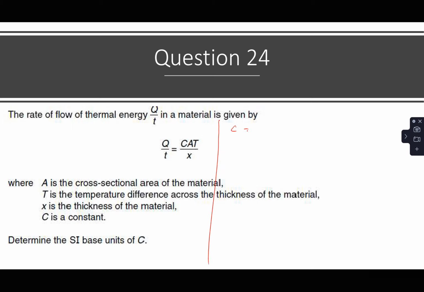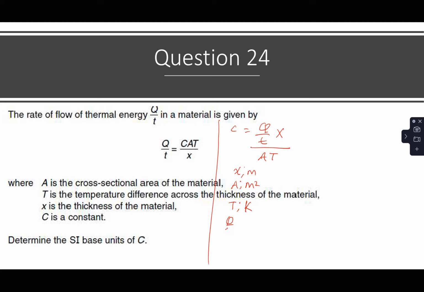So C is going to be Q over T times X divided by A times T. Now X is thickness. The base units of X are meters. A is cross-sectional area, that is meters squared. And then T is thermodynamic temperature, that is Kelvin.